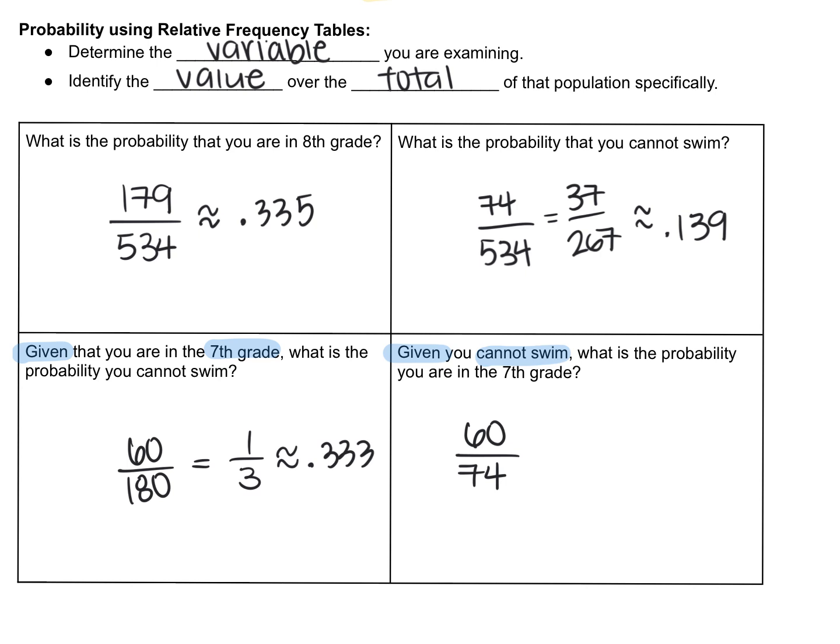So my numerator stayed the same between the two problems, but it's the denominator that changes. So this becomes 30 over 37, which as a decimal is about 0.811.